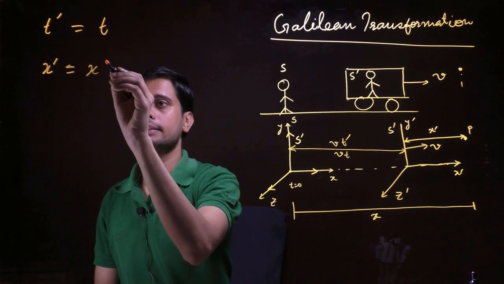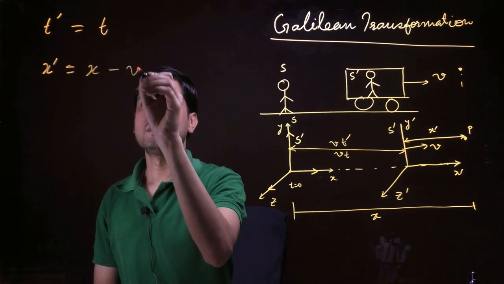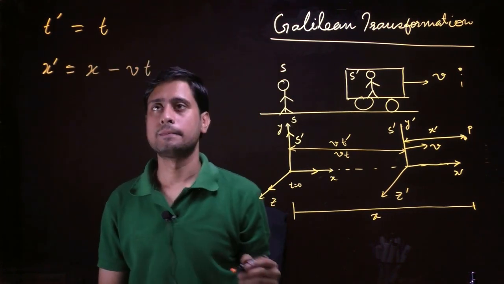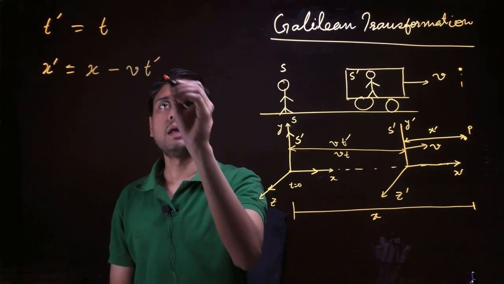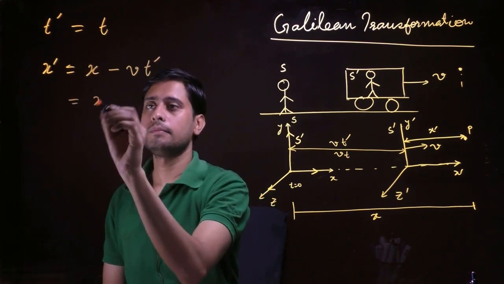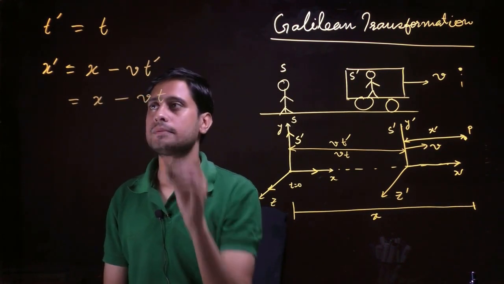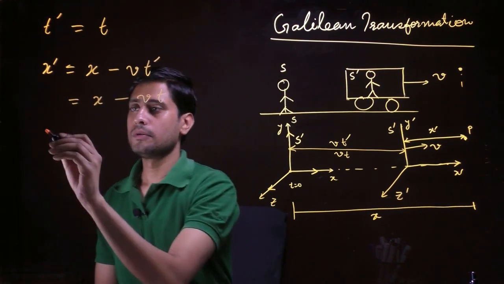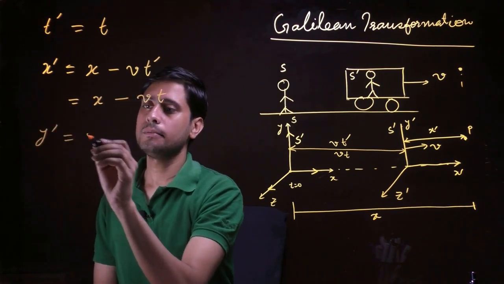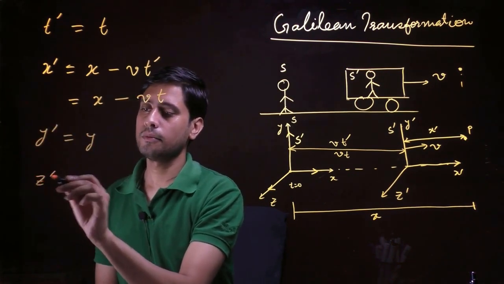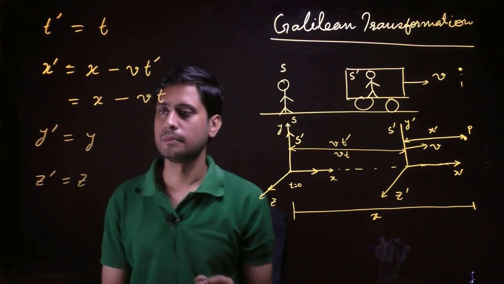So x minus Vt, or Vt prime, and in the other step it will become x minus Vt. Now y prime will remain the same and z prime will also remain the same.